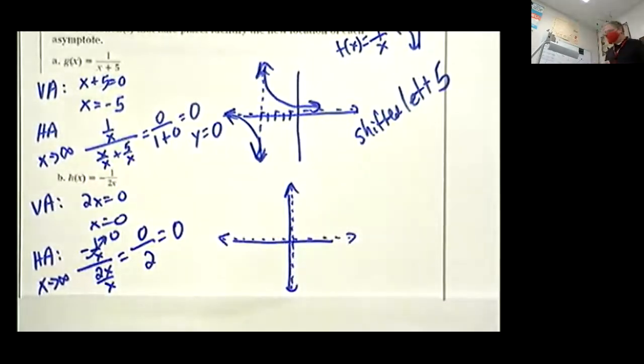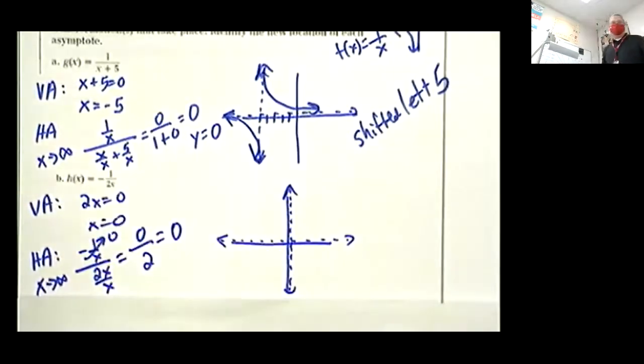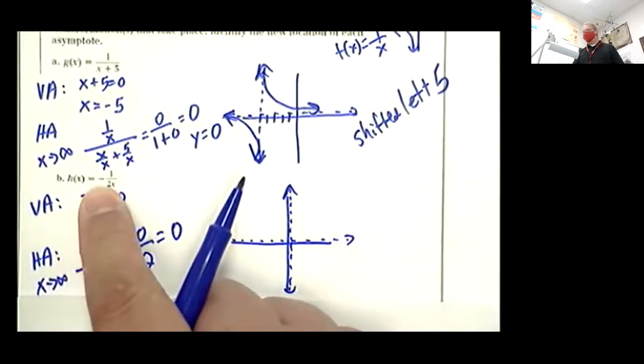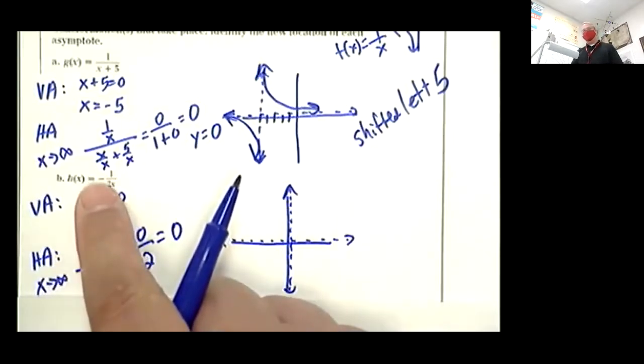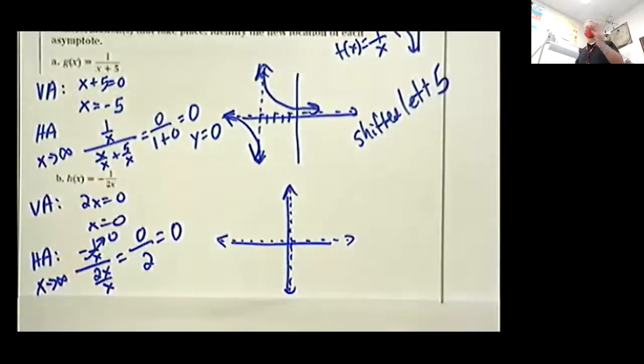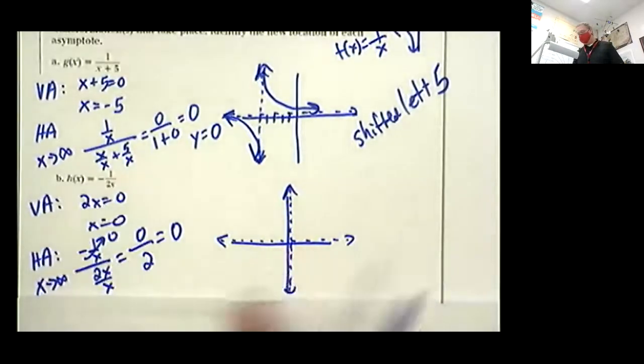However, what did change? One thing is the 2, so the steepness at which the graph grows is going to change. Also, because we have a negative, what's going to happen? We saw this earlier in the chapter. If we multiply a negative by the whole function, it's going to flip it left and right. It's a reflection over the y-axis. Think about it.